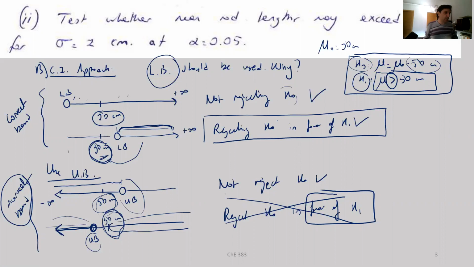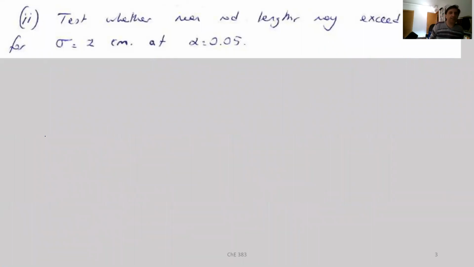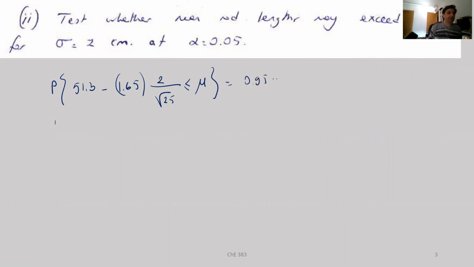If you go back to the part related with the lower bounds in one-sided hypothesis, this is going to be 51.3, which is the sample mean, minus 1.65, which is the alpha value, times 2 over square root of 25. This value is smaller than mu with 0.95.